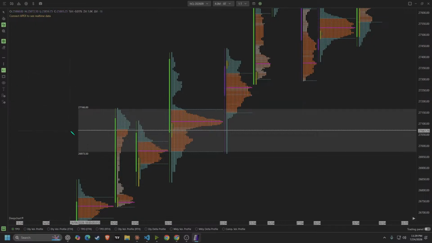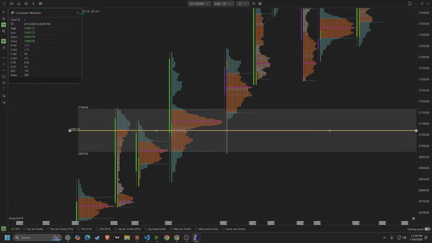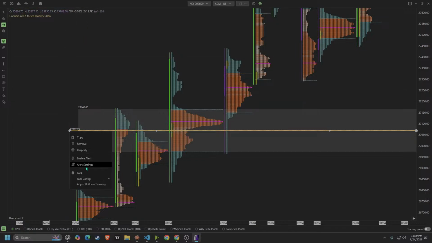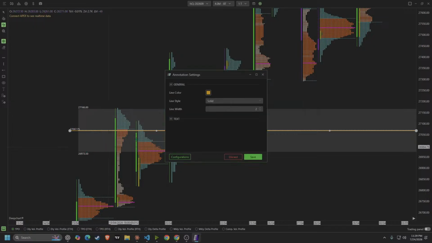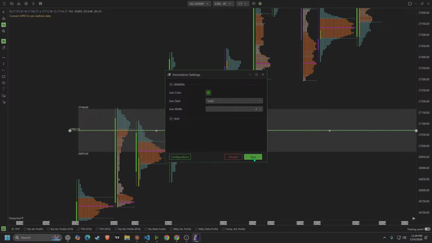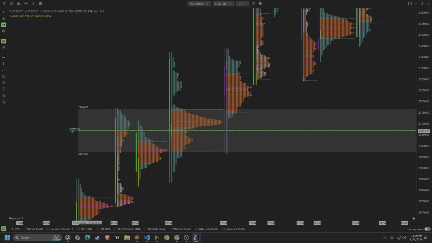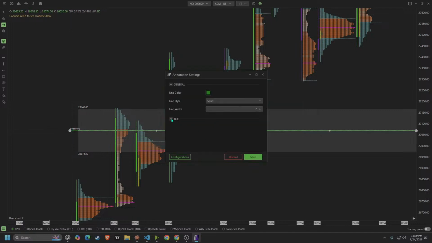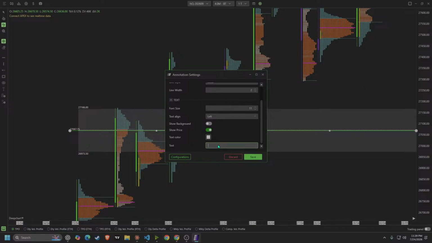So this is where I'm going to look for a long, and it's a technical level, and we'll add some text to it.